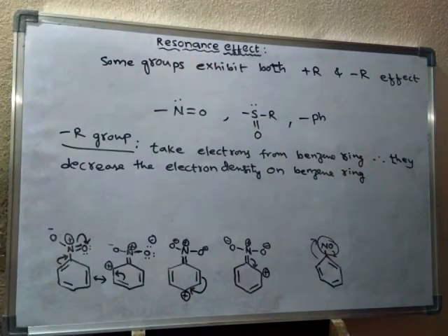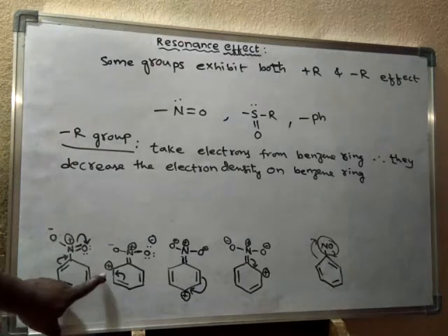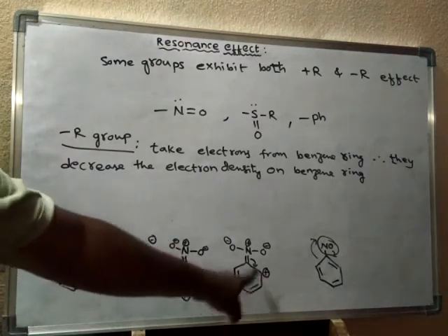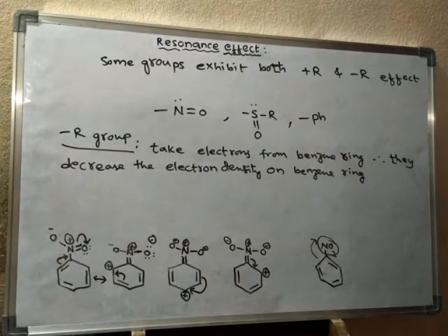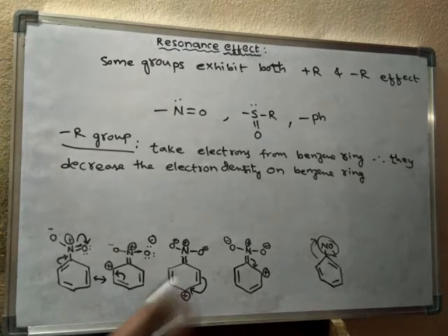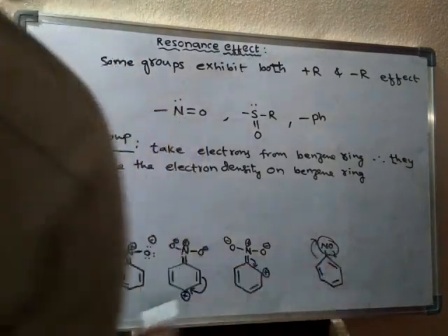Look here what is happening. This benzene ring is developing positive charge on it. That means it is losing some electron density, because this group is a minus R group.